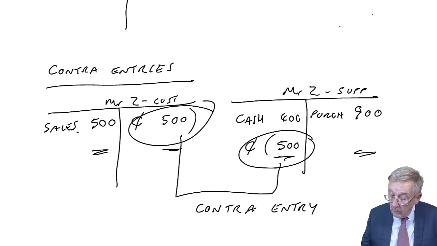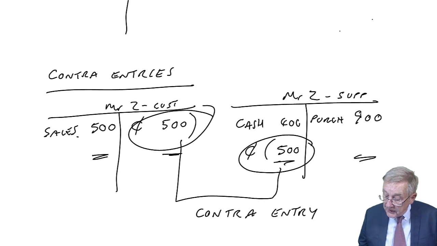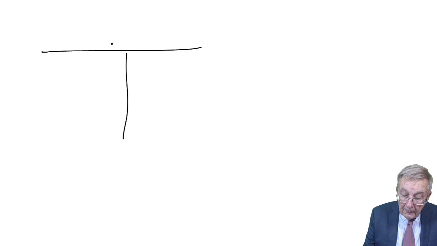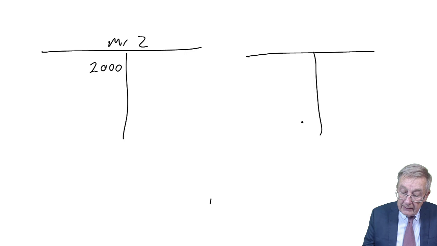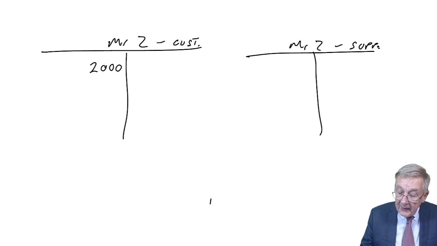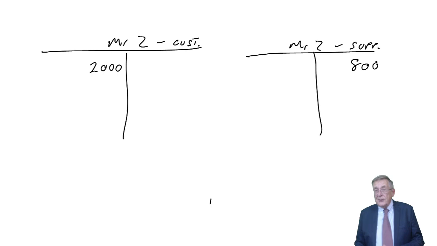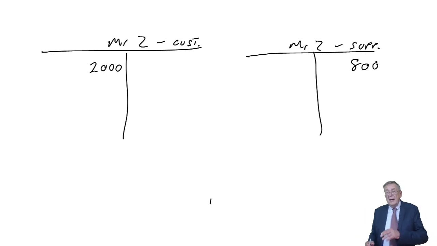And just to prove it to you, suppose that the amounts were the other way around, that Mr. Z owed us 2,000. That's the customer. And the same person is a supplier, and we owe him 800. So this time he owes us more than we owe him.